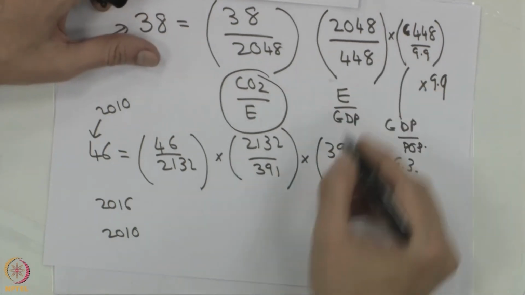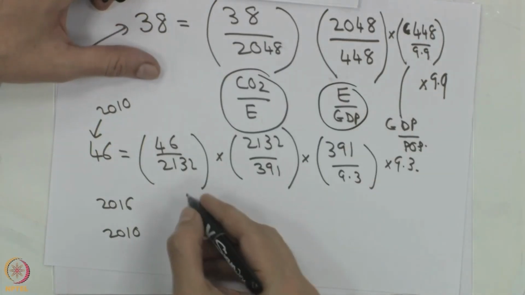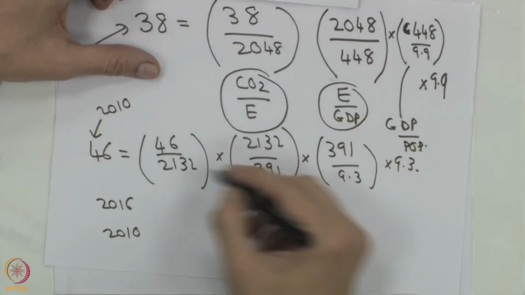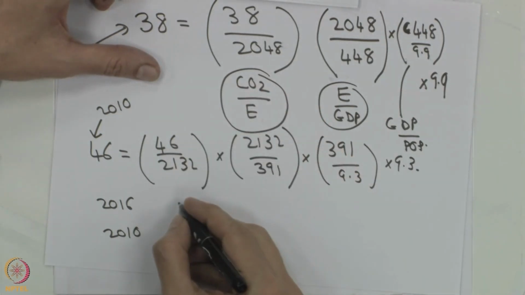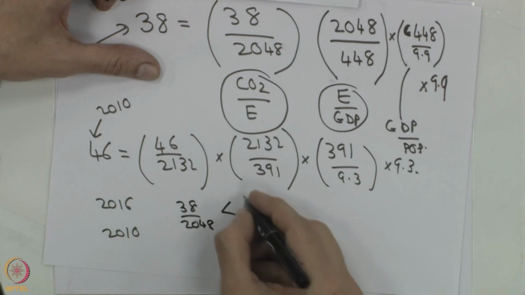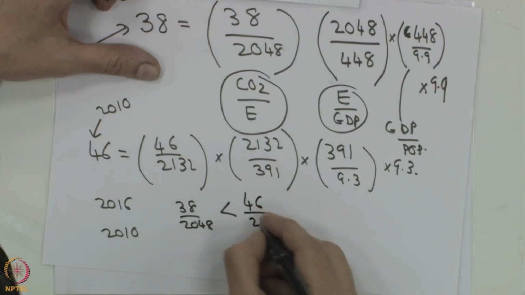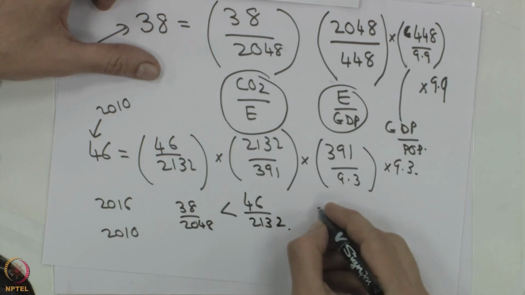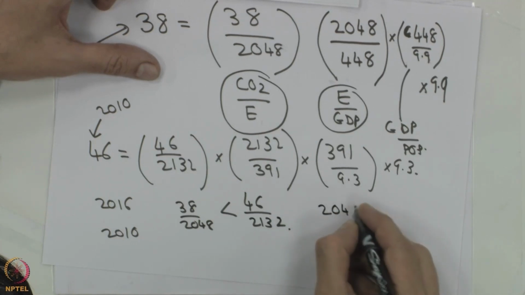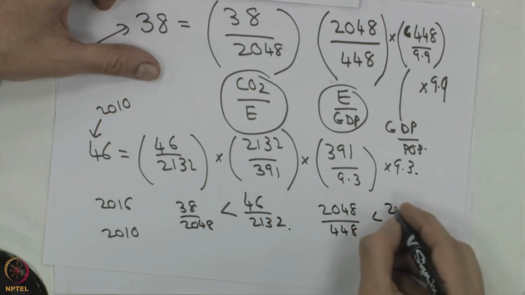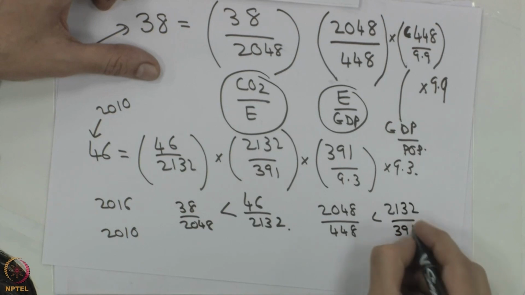So that means both these numbers have decreased. 38 by 2048 is less than 46 by 2132, and similarly 2048 by 448 is less than 2132 by 391.